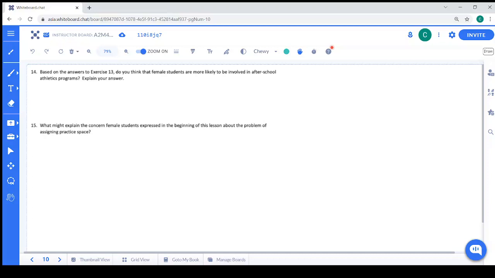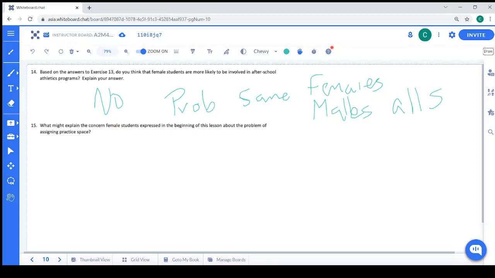Well, no, because the probability was the same for females, males, and therefore it has to be for all students as well, since those were our only two options. Okay, so yeah, there's not any more likely that they're going to participate than a male.